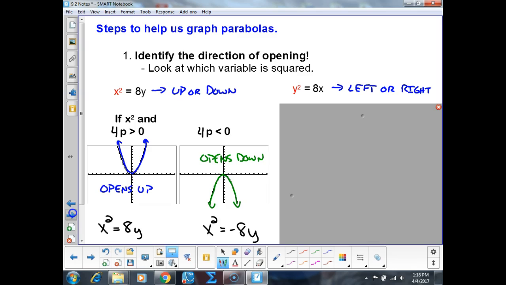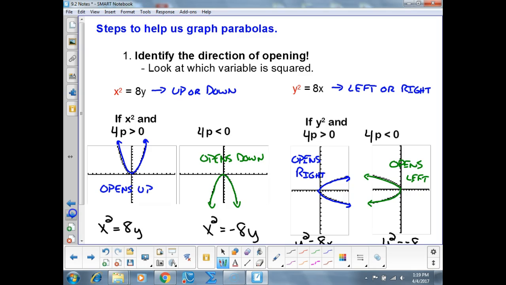If it's negative, it's going to open down. Because up is the positive direction, down is the negative direction. So if you had a y squared, the negative would be on the left side. So if it's a y squared one, the 4p value would be positive. Which way would it open? To the right. Okay. And if it was negative, it would open to the left.